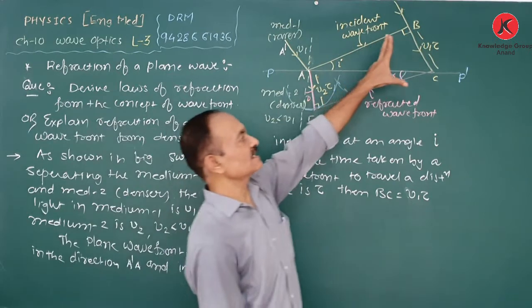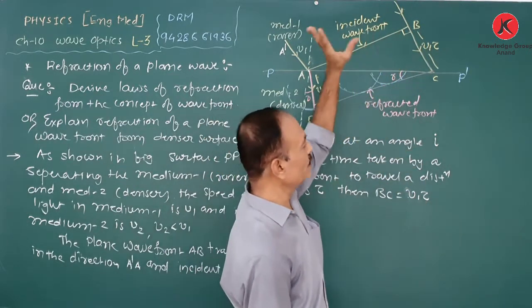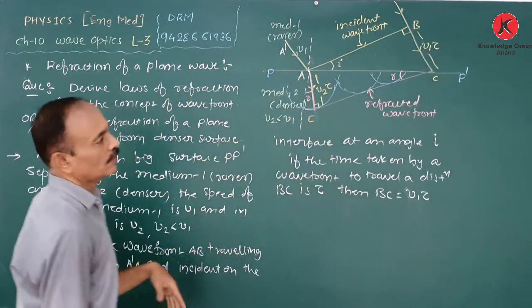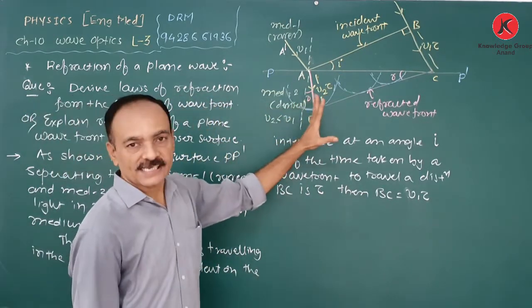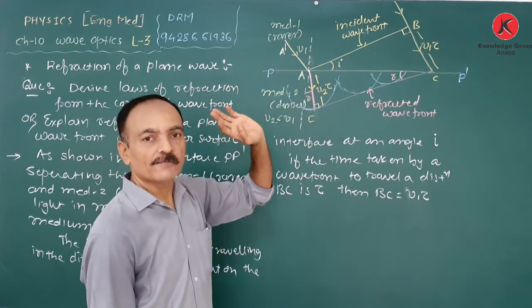So that is the distance traveled by the plane wave front in tau time. BC is equal to v1 into tau. Okay. Now we are interested in the shape of the refracted wave front.